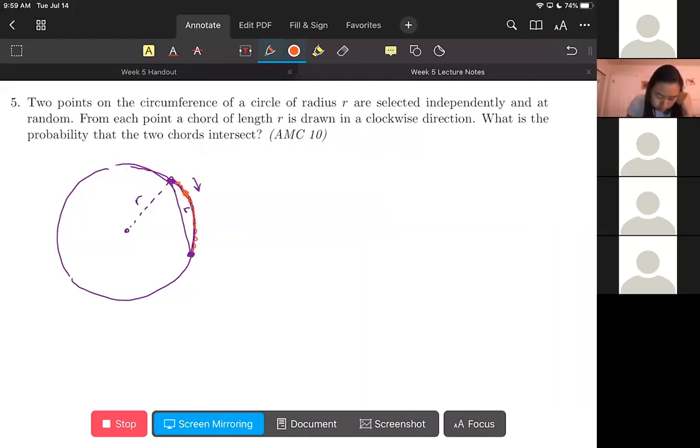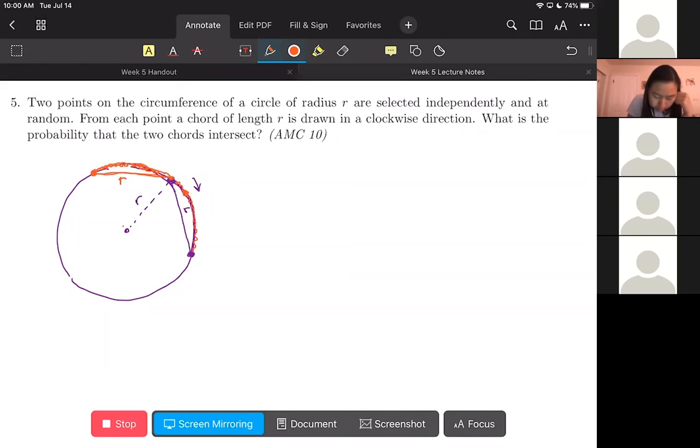So if you actually think about it, it's going to intersect if I pick anything along this arc over here, and the length here is r as well. Because if I pick this chord here, it will just intersect at this one point.